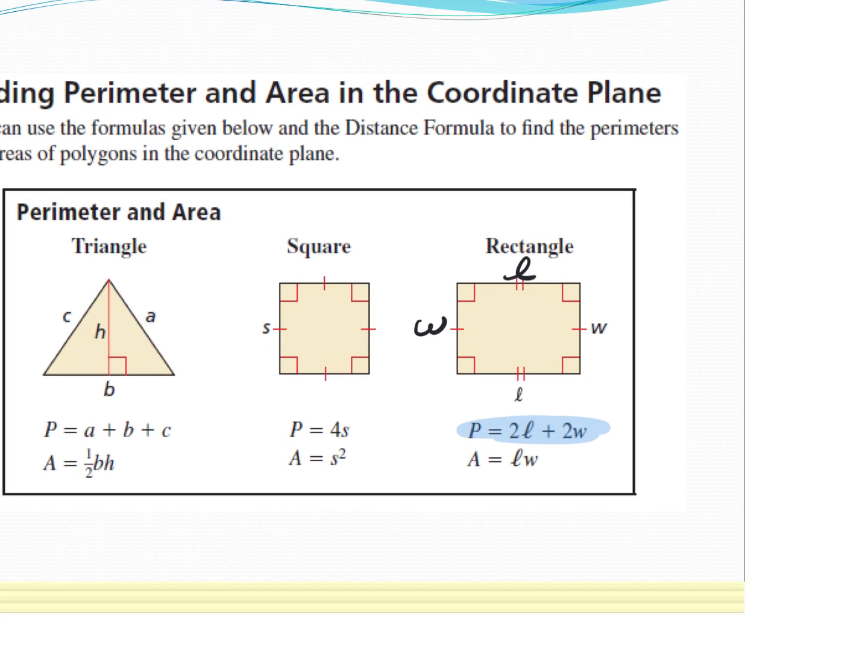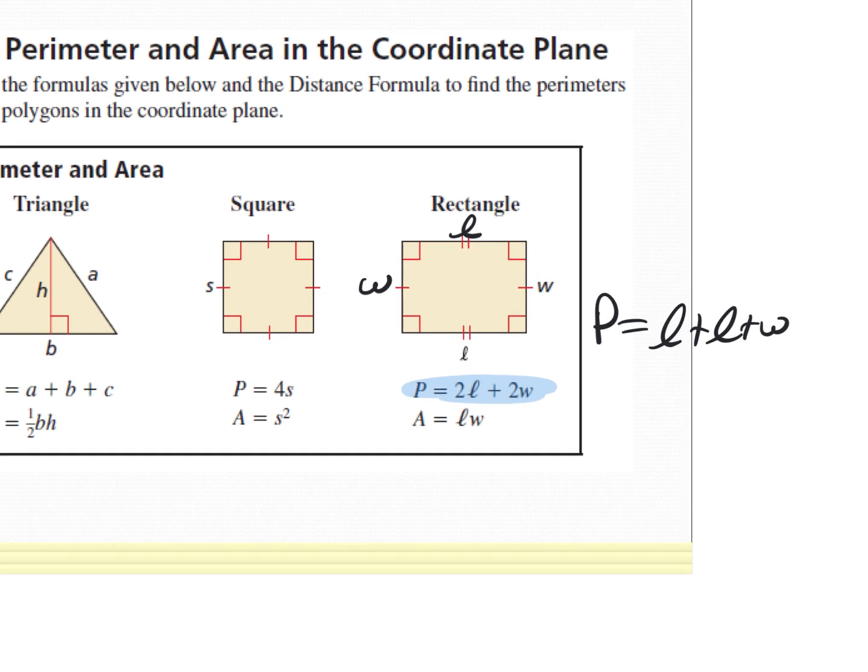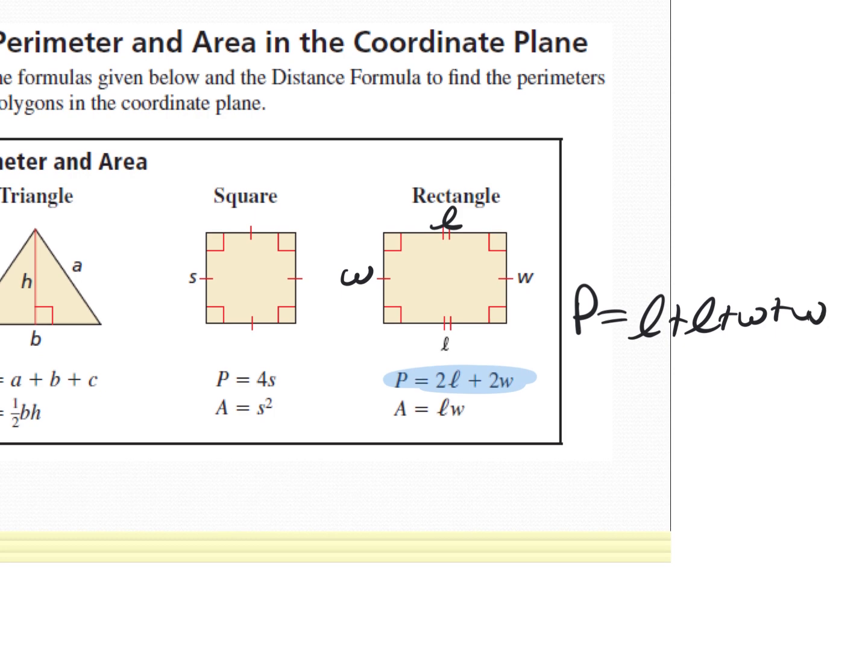So the other way to find perimeter is you could add up length plus width plus length plus width. Again, just add up all the sides. Or another way is to take the length and the width and add it together and then double it. So the rectangle has 3 different ways you could go about finding the perimeter.